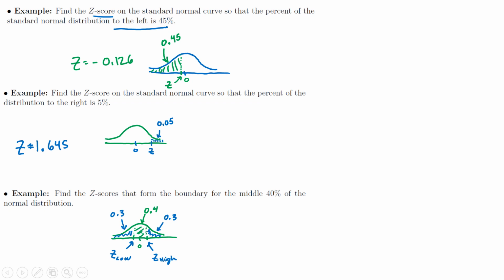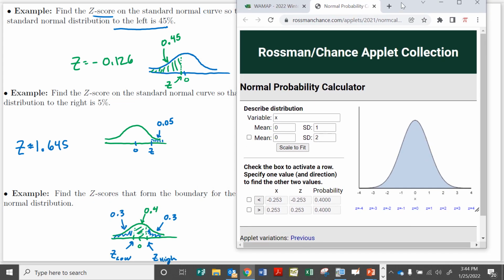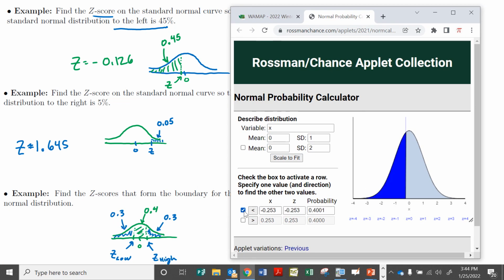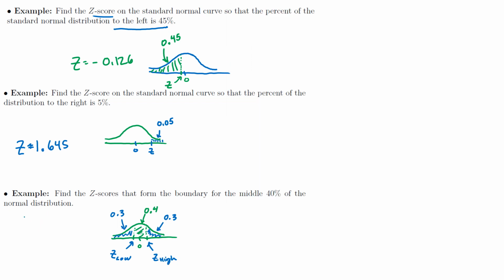So in my technology, notice it's shading in the left for me. So I'm going to tell it that I want 0.3 to the left. And so I can see that my z-score is negative 0.524. So that would be for my low.